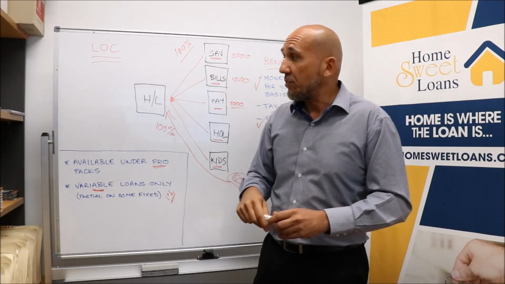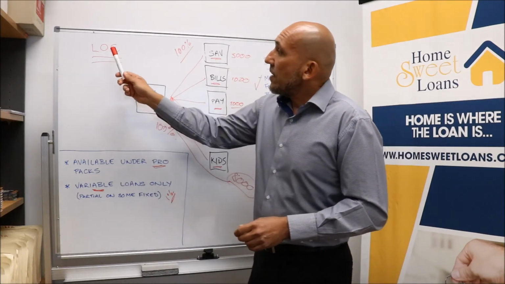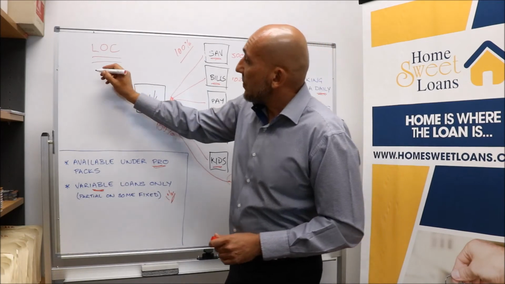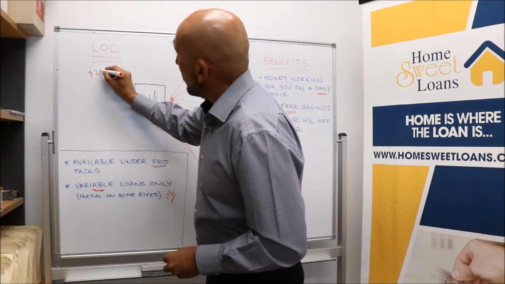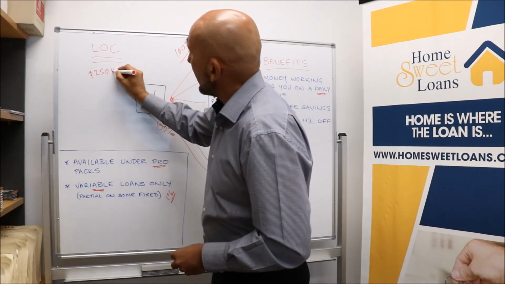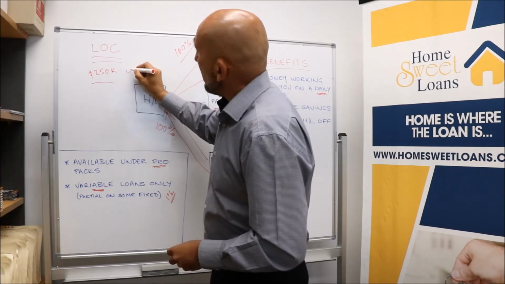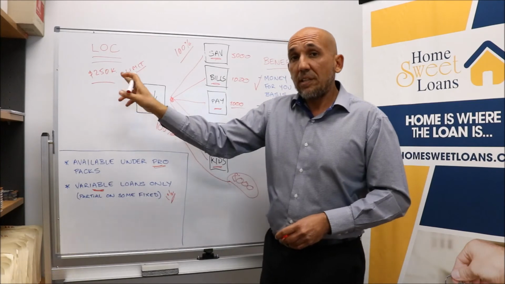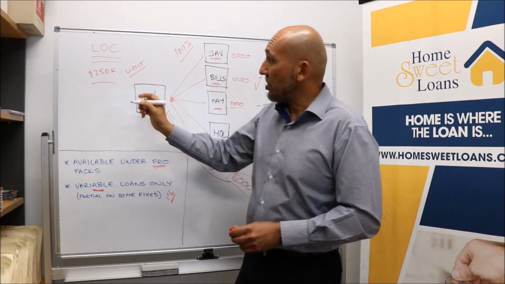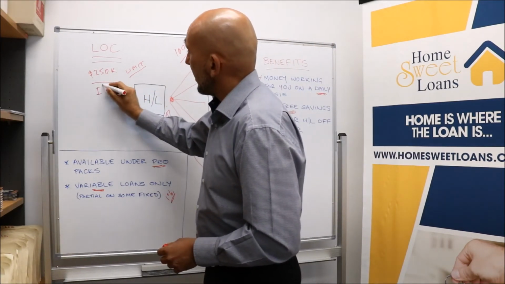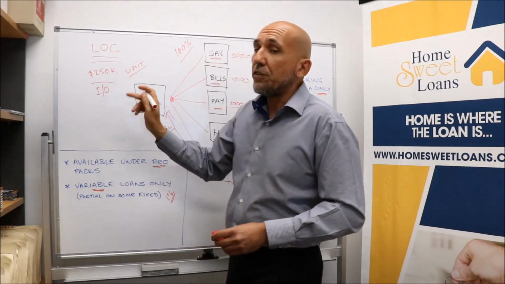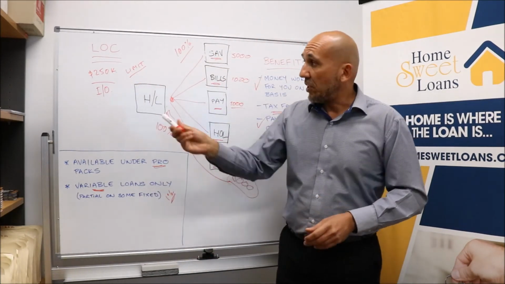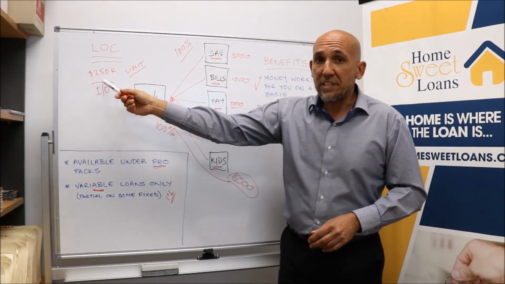And I could produce anything for you on a spreadsheet. The downside of a line of credit is this. Let's go with the number that we've used already, $250,000. Okay? That is your limit. So effectively, it's like a credit card with a limit of $250,000. And of course, it's charged interest only. So there's nothing to force you to pay that principal off. So you could forever owe $250,000.